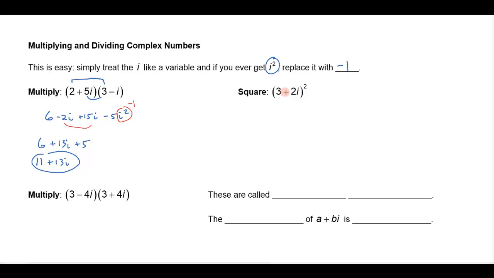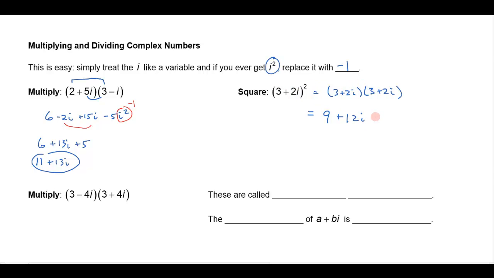We can also square complex numbers just like we square other numbers, and you do just like you would expect. To square a binomial just means to multiply it by itself. So again, if you multiply all that out, you'd get 9, right? Or you just square the 3 and get 9, and then take the 3 times the 2i and double it. That'll give you 12i. That's the same thing as doing the outer 6i, and the inner is another 6i.